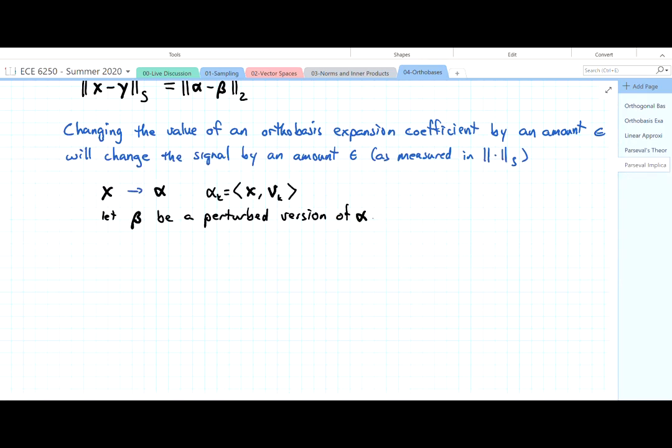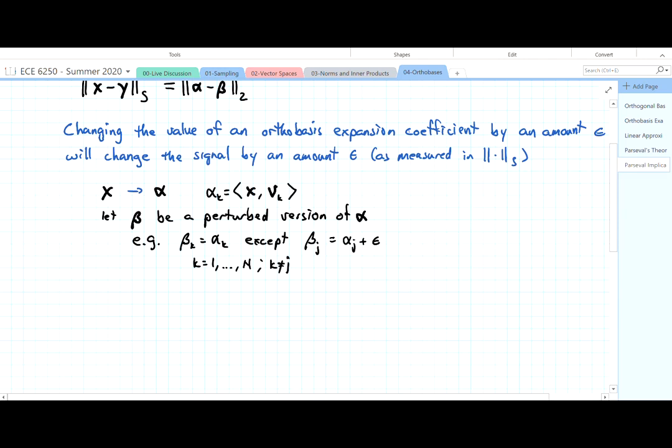One way we can do this is we could say, for example, beta sub k is equal to alpha sub k, except for one time, except beta sub j is equal to alpha sub j plus epsilon. And that holds true for k equals 1, 2, up to n, k does not equal j.